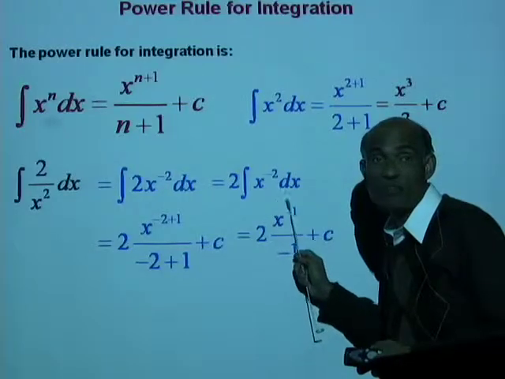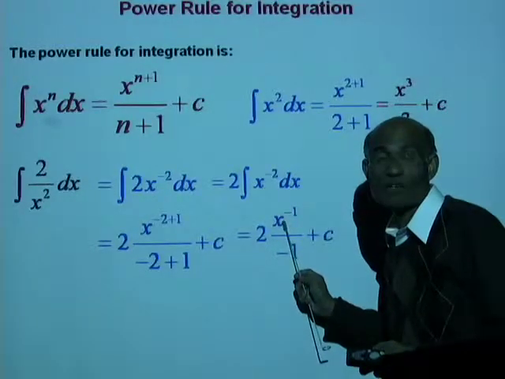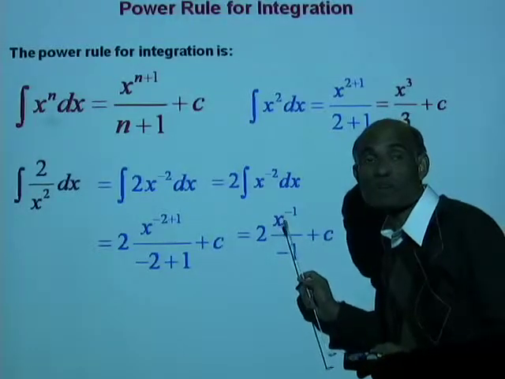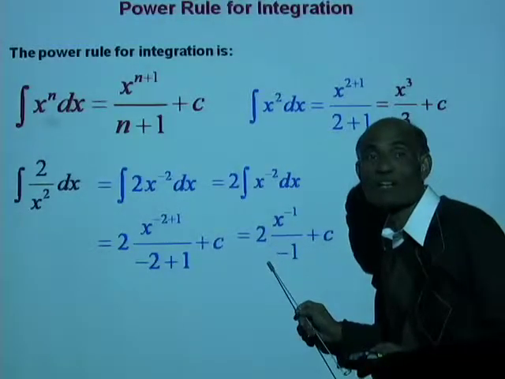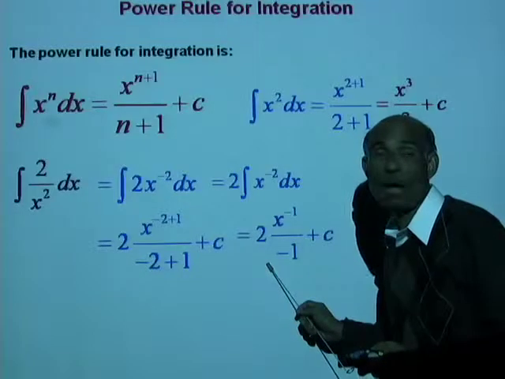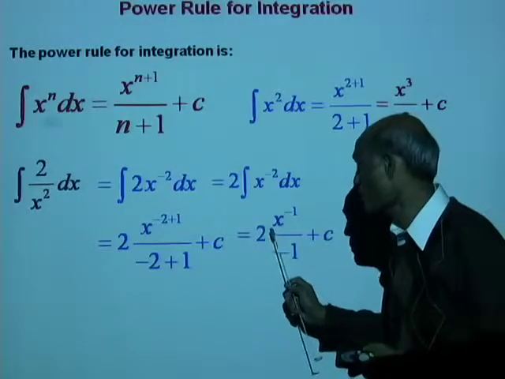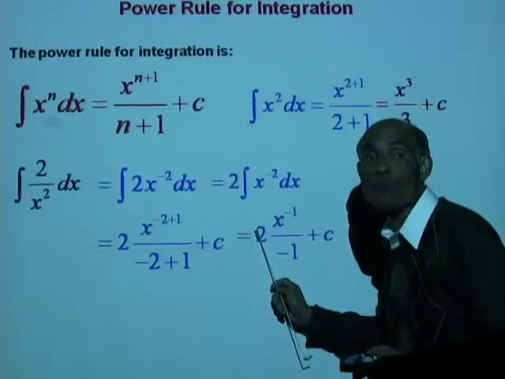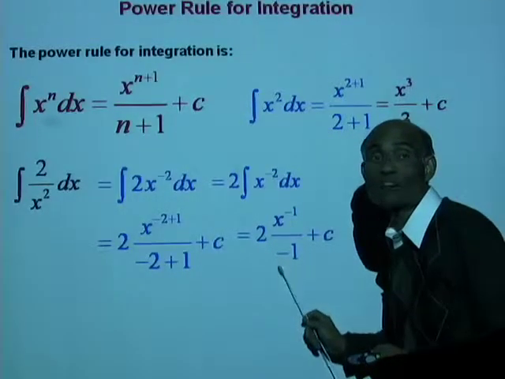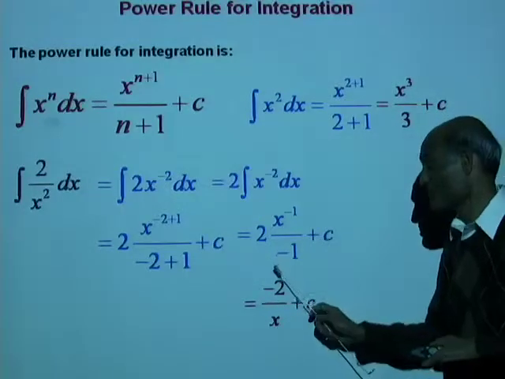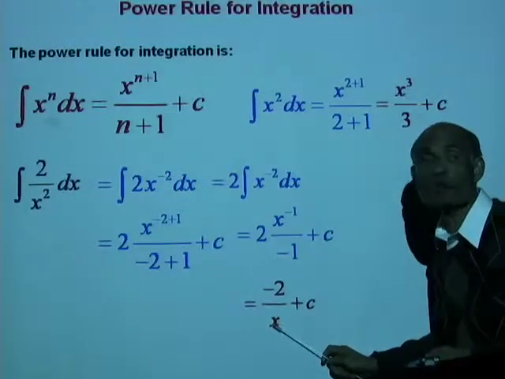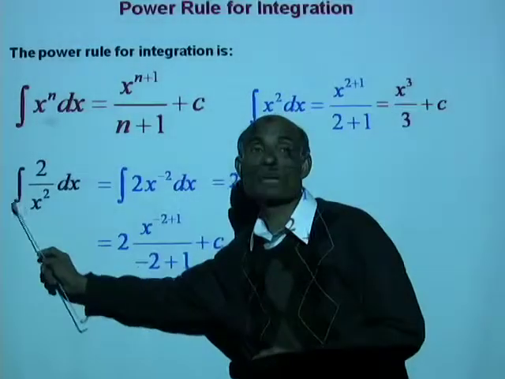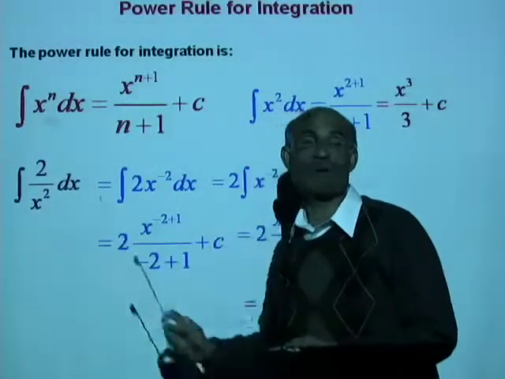And then x to the power of negative 1, we need to write it using a positive power, which means you need to bring it down to the denominator. It will be x to the power of positive 1. So these 2 combined will be negative 2 on the numerator and x on the denominator. So that will be negative 2 over x plus c, which is the result of integrating 2 over x squared.